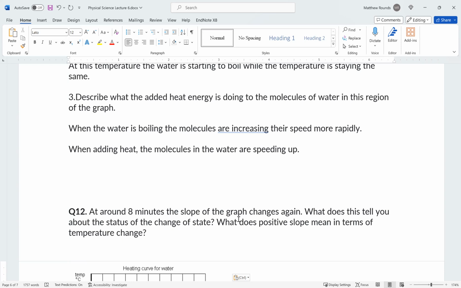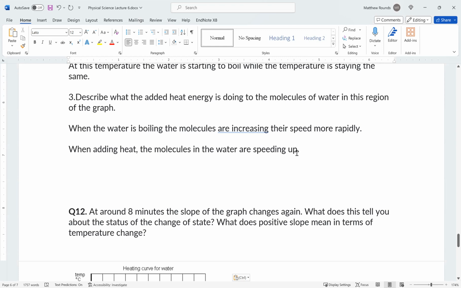So, would this work? I guess I didn't make it clear enough. You have to say added heat energy. I would want to see that in my answer, just like you did before. You don't have to change the answer that you had before.